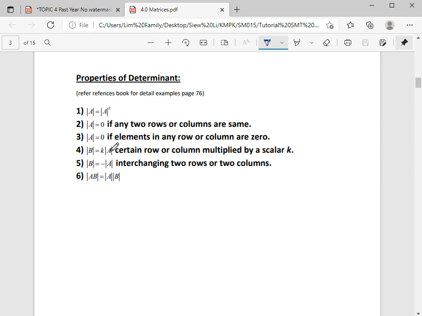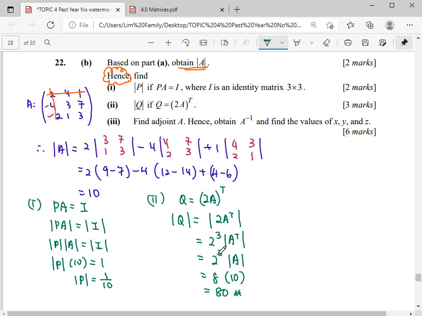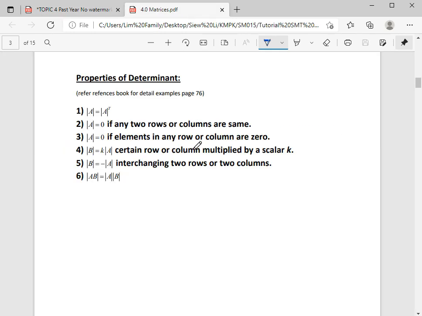They test us on this: if a certain row or certain column is multiplied by k, then we multiply the determinant by k. So it applies here because it said 2 times A. So the first row times 2, second row times 2, third row also times 2. So the determinant will be times 2 times 2 times 2. It will go up by 2 to the power of 3 because of this.